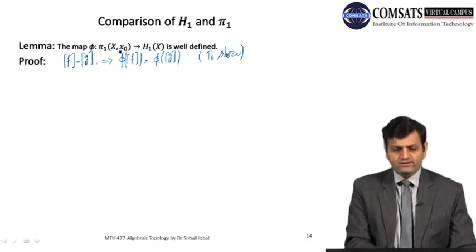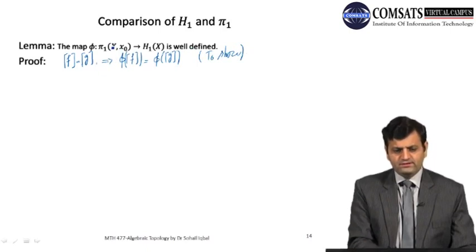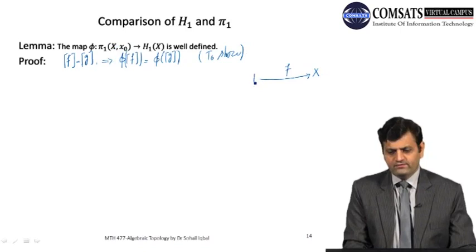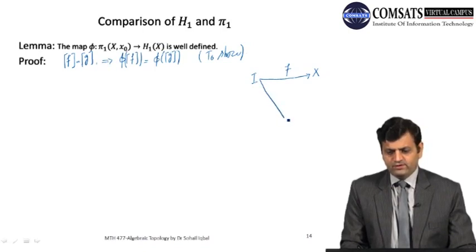Now let's see how to proceed with this discussion. Given any loop inside X, let's call it f, I can define an element of H1 of X using this diagram: there is the map d from the standard one simplex to I, and then we can define the map f composition d.